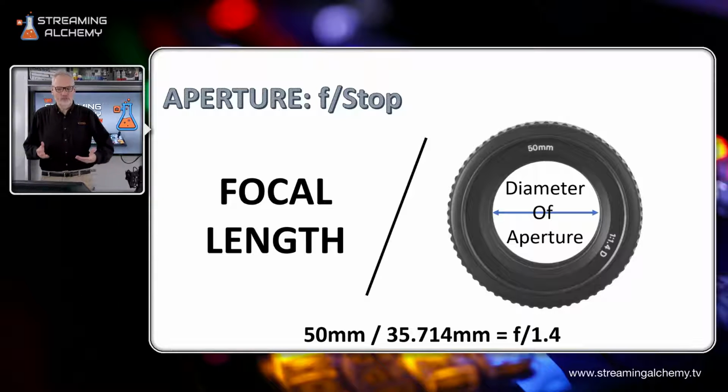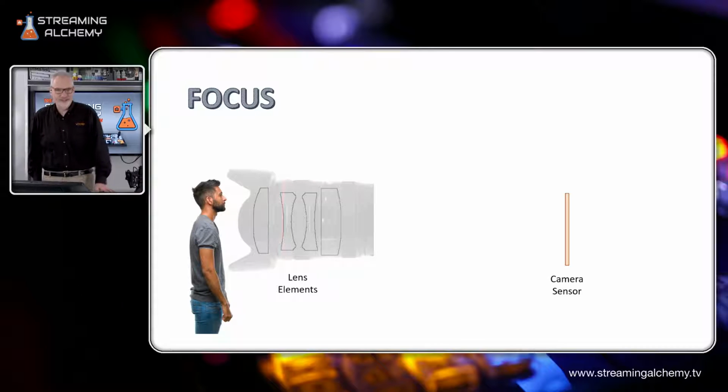And what that means is that as I zoom in, if I don't have a wider aperture setting that I can go to, I'm going to be stuck at a higher f-stop, letting less light in than I was before. So this can have a big implication for how an image looks when it hits the image sensor. So let's take a little look, because there's a few things that will impact this.